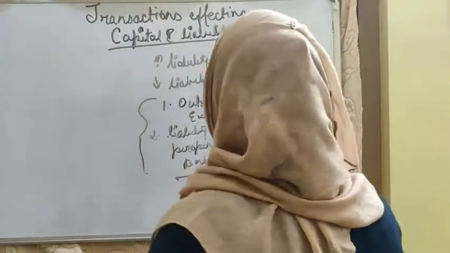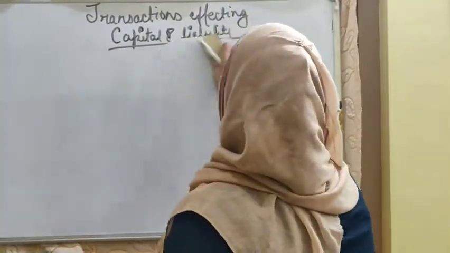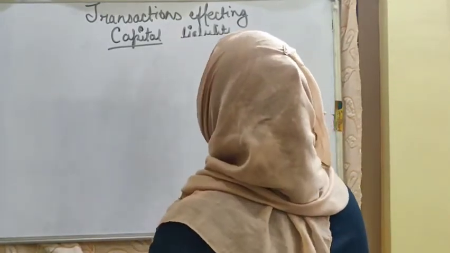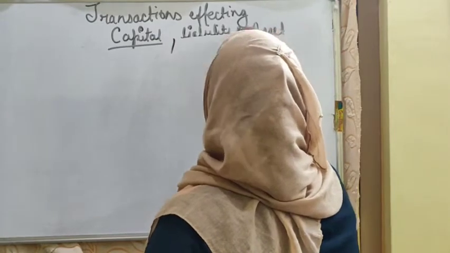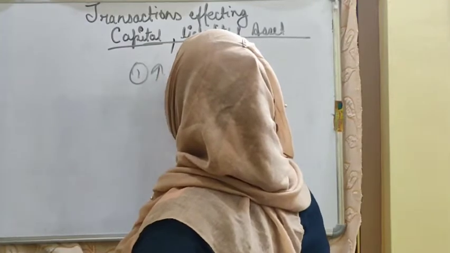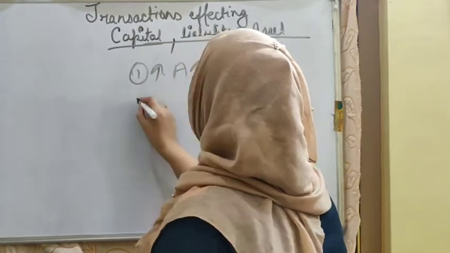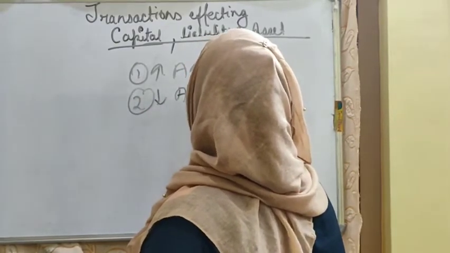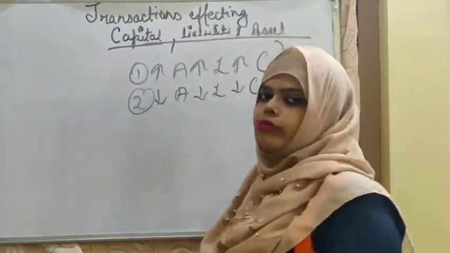Coming down to the last segment of this transaction part, that is affecting capital, liability and asset. Here we have a concept that increase in asset, increase in liability and increase in capital. Second one is decrease in asset, decrease in liability and decrease in capital. This is the basic concept of this.